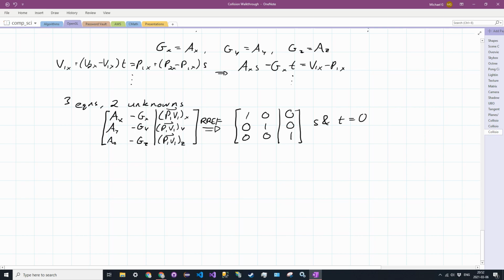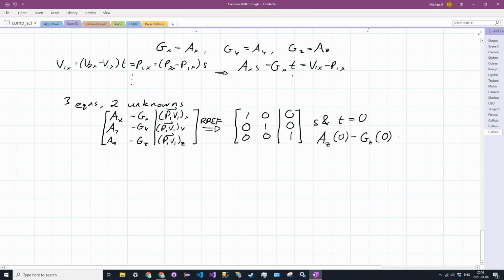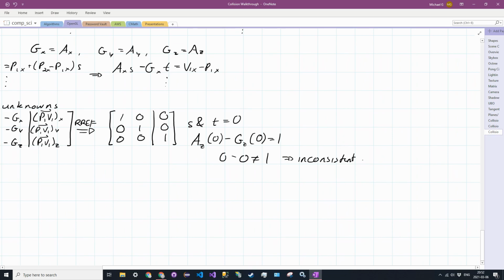However, we have this bottom row here, which is not okay. So this would mean that az times 0 minus gz times 0 is equal to 1. Now, how does that work? 0 minus 0 does not equal 1, so therefore inconsistent. So therefore, no intersection.